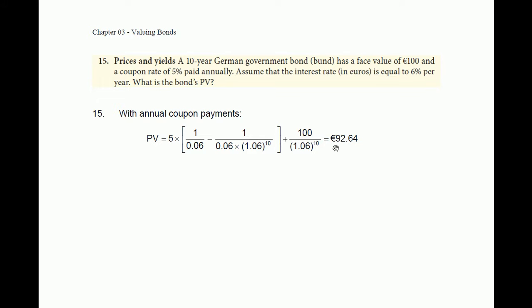And the answer is 92.64 euros. The calculation is quite simple, but we have to always pay attention to this part. We have to check carefully if it pays the coupon annually or semi-annually.